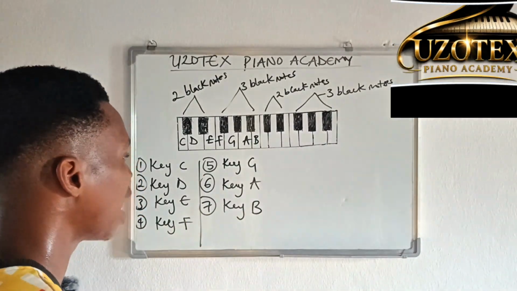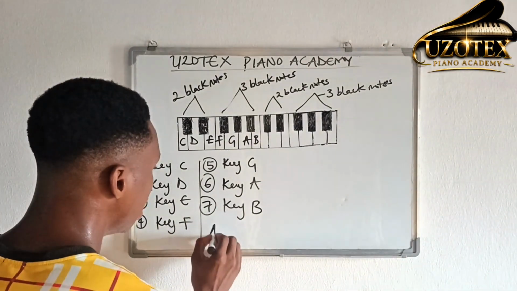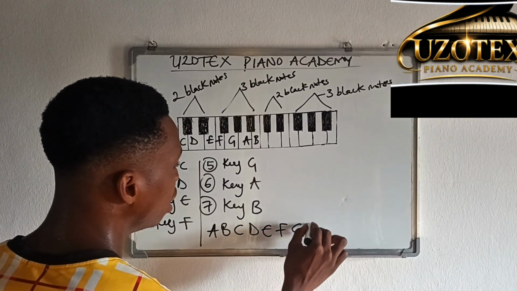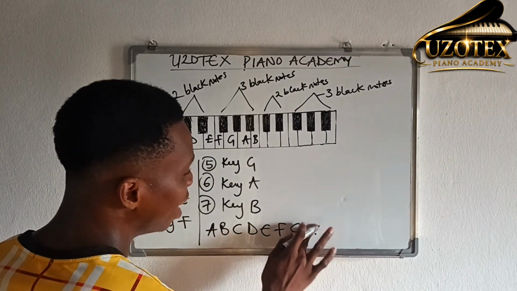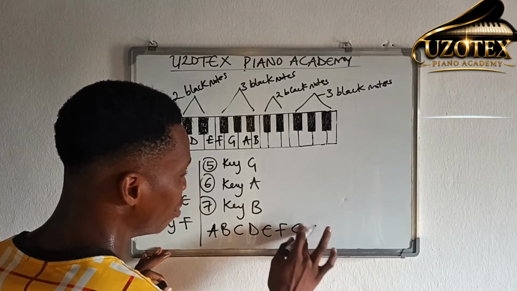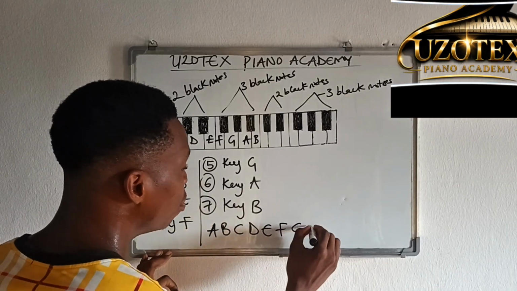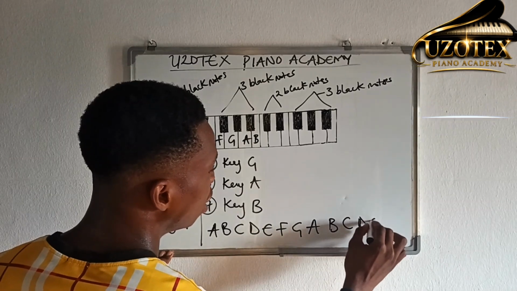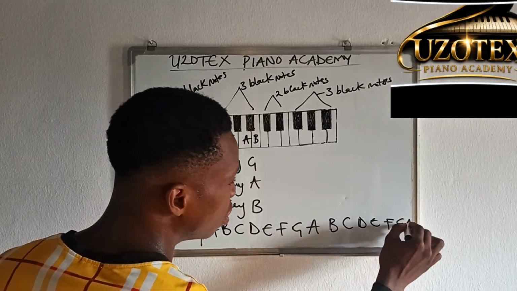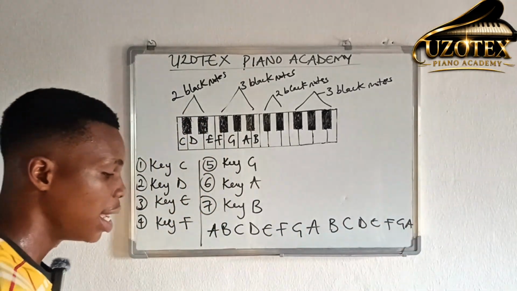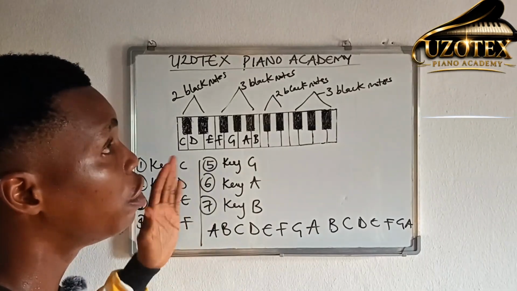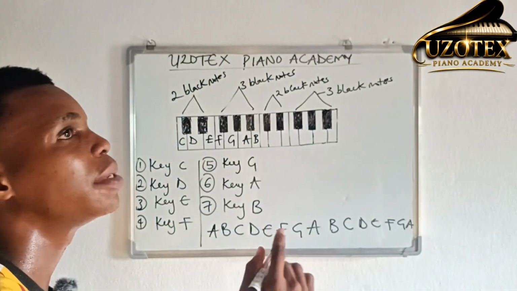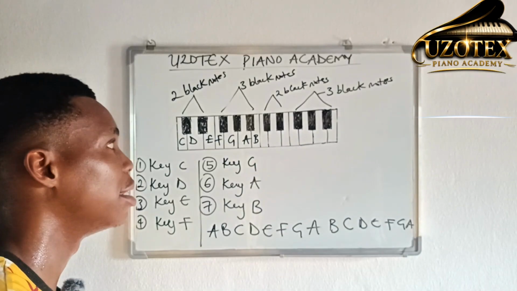You can count it this way: A, B, C, D, E, F, G. There's no H on the piano. So once you get to G, you move to A again: B, C, D, E, F, G, then A. You must get to G and stop there, then move back to A again.